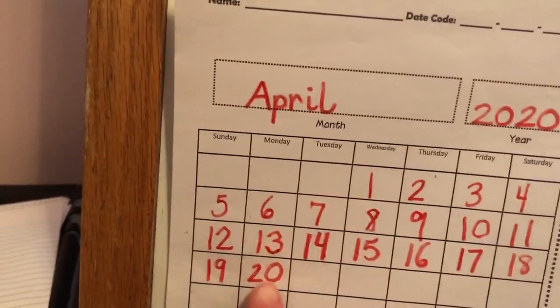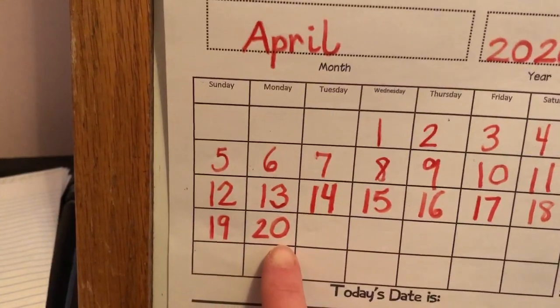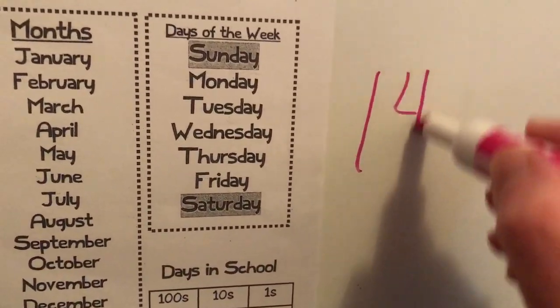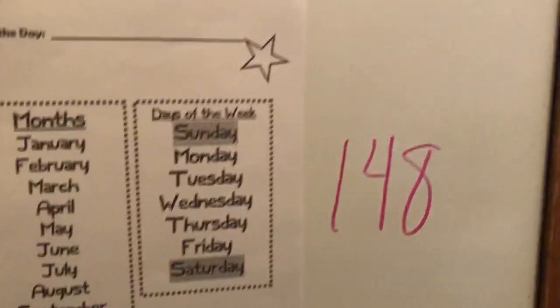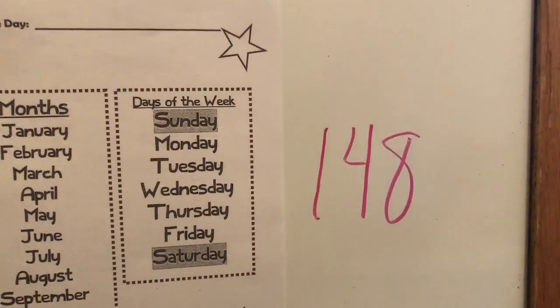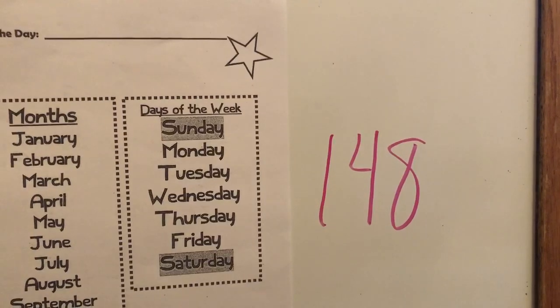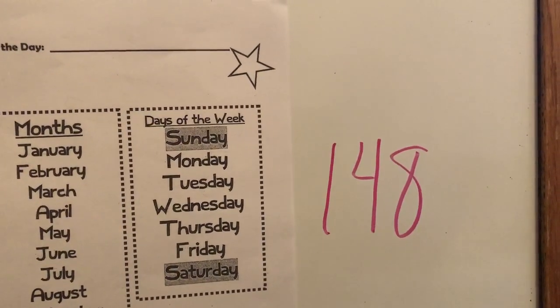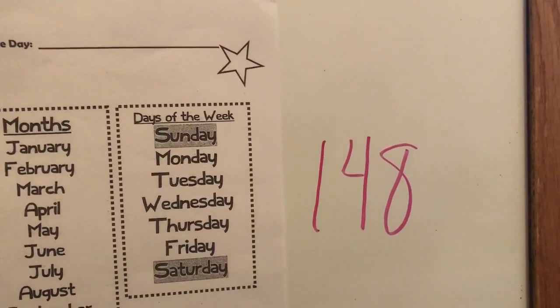We'll skip the weekend. 148. All right, guys, 148. We are getting awfully close to a bundle up, aren't we? How many days away from a bundle up? If you said 2, you are right.